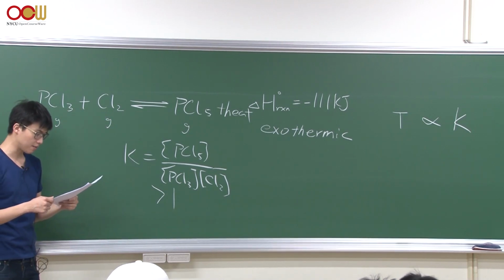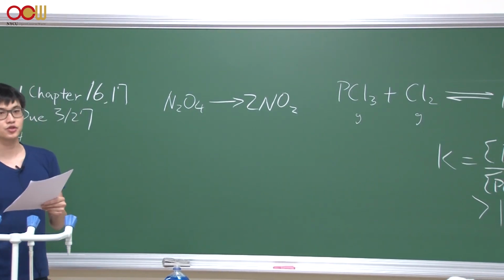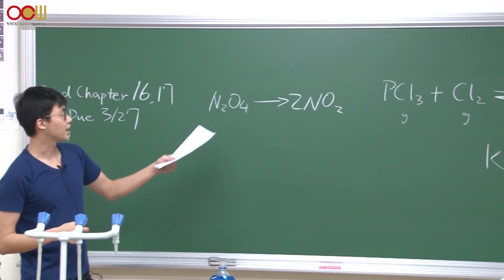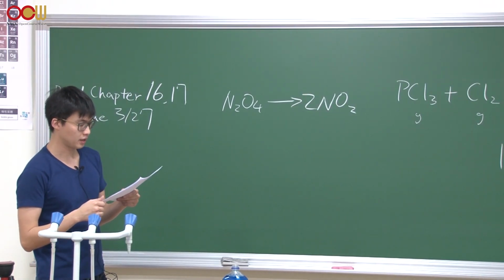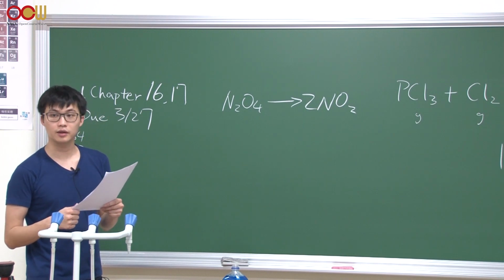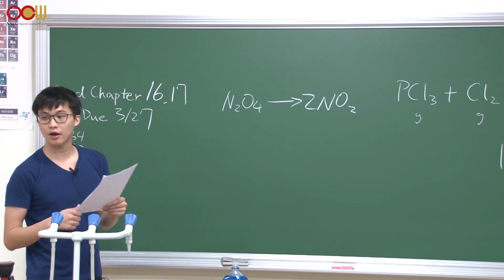So when we're talking about K, let's look at the other reaction: the decomposition of N2O4 into 2 nitrogen dioxide. This reaction is dependent on the concentration, and there's a picture in the book where the initially colorless vial becomes colored over time, right?